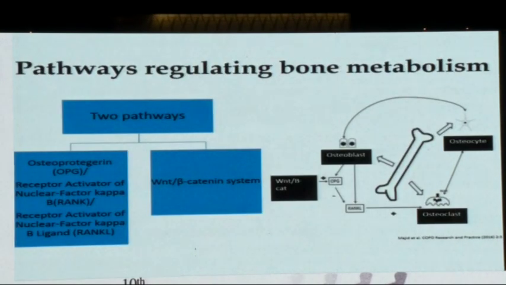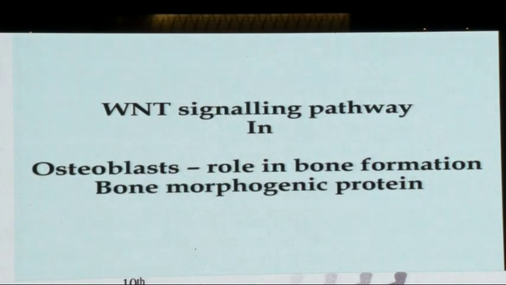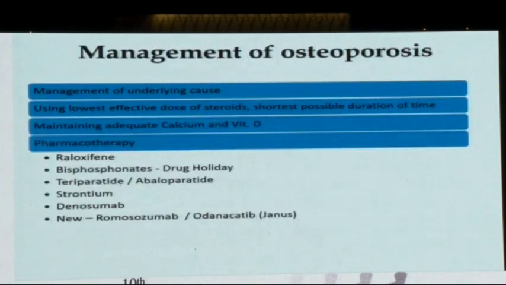Let's not go into the details of the various pathways for osteoblastic and osteoclastic activities, but for a moment, let's know about the pharmacotherapy of osteoporosis. One drug I have already talked about is teriparatide. The other drug which has already been approved by FDA is abaloparatide, strontium, denosumab.